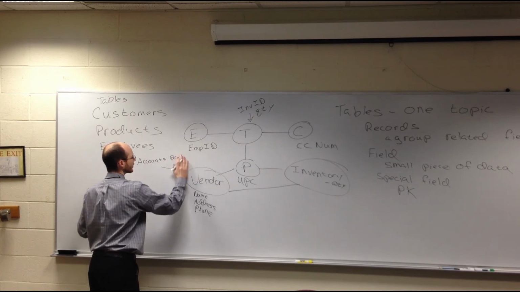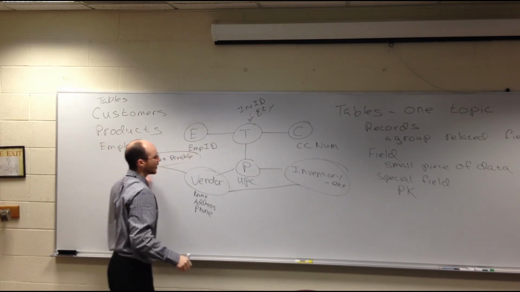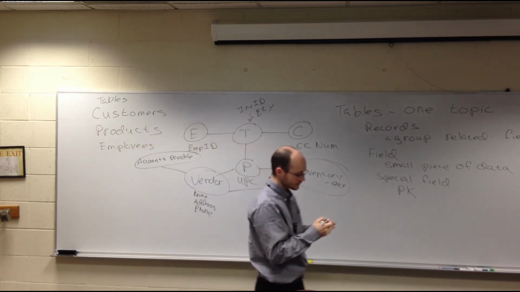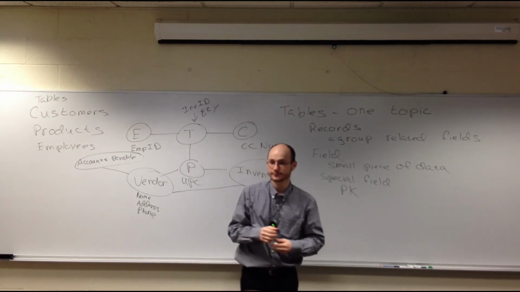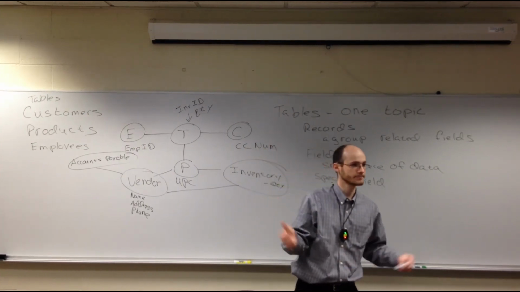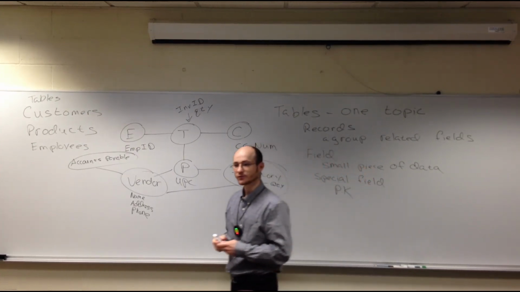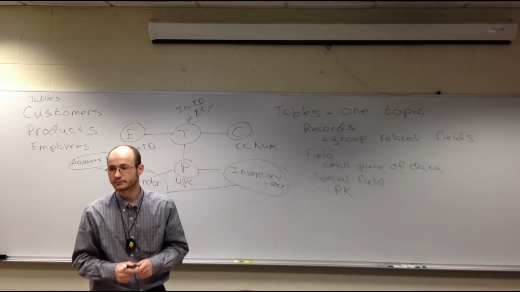Because we know to be a business person, we need to pay our bills, we need to stock our shelves, we need to have customers, and we need to have employees that make that happen. By the way, would your employees keep on working for you if you didn't keep track of another thing?